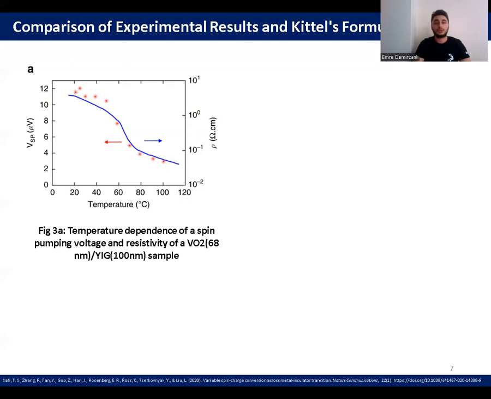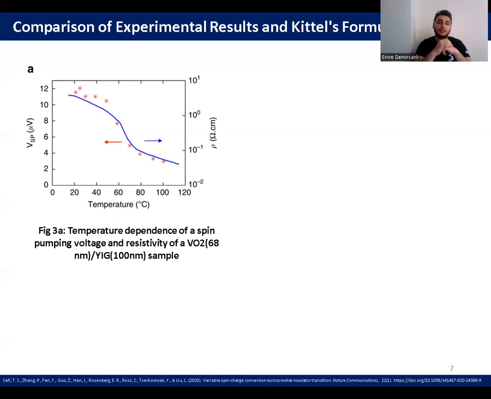In other words, a similar behavior was observed in the spin pumping signal for samples with thinner YIG films. From this point of view, it can be said that the observed phenomenon is not dependent on YIG film properties.